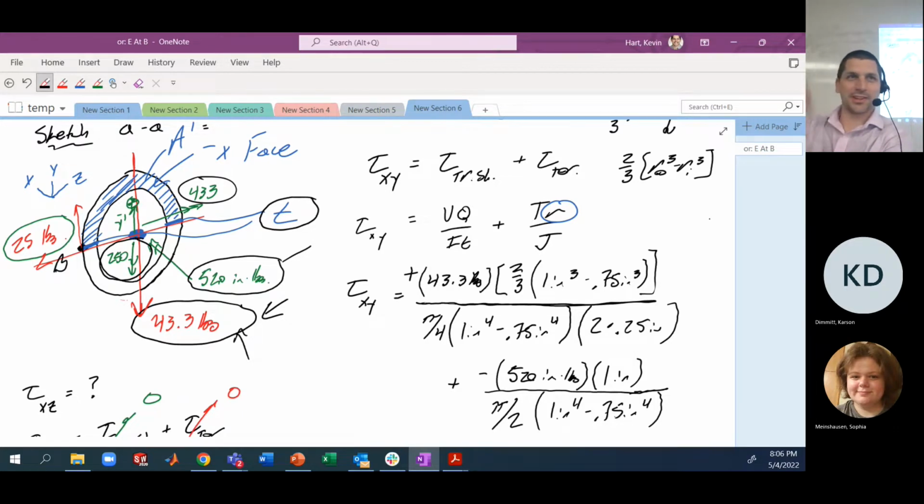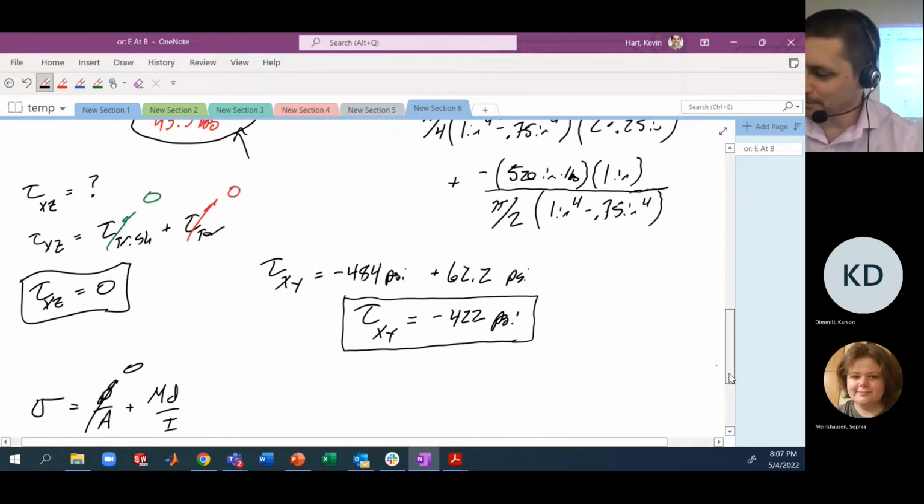You're going to get tension on this side that contains point B. If I did that same thing for the 433, pull this out of the paper, try to bend around that 433, I'm going to get compression on the bottom, tension on the top, nothing at B from that. Pull it out of the page, try to bend it around 250, bend it this way. I'm going to get tension all along this back fiber of that bar. So I should get a general positive value from that 250 and nothing from the 433.